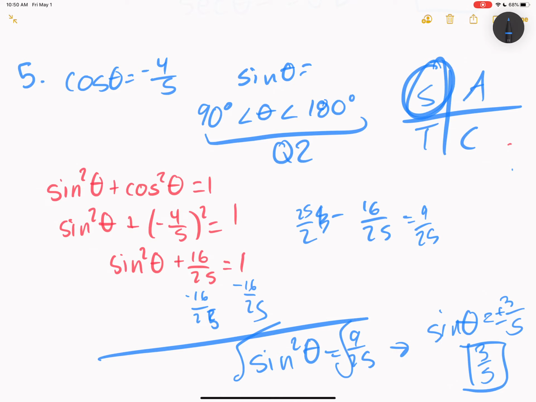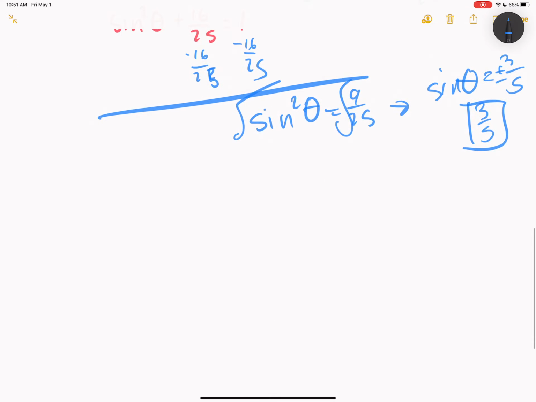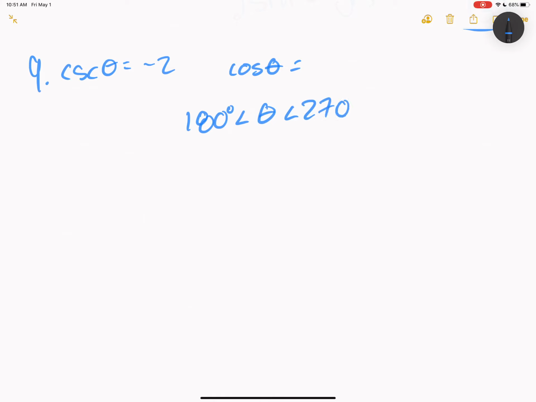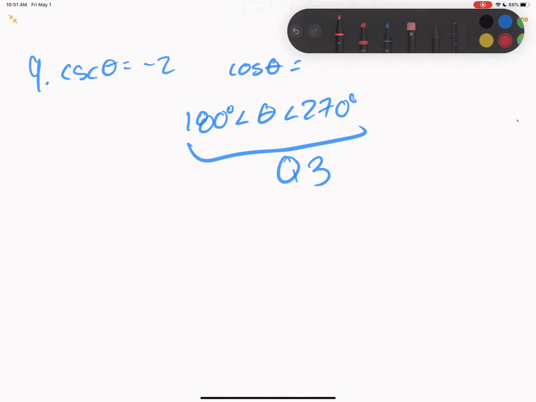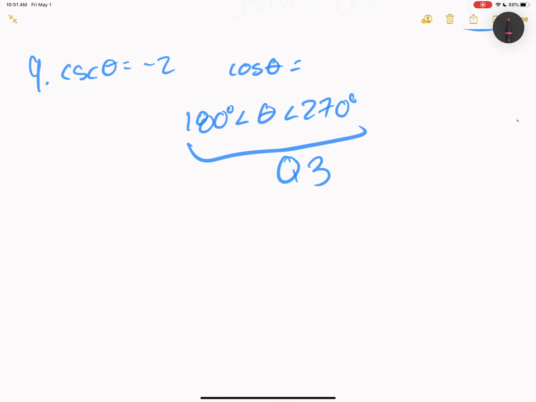Okay, finally, the last problem I want to do from this type of problem is number 9. It says cosecant theta is equal to negative 2. I'm looking for cosine theta, and it's between 180 and 270. So this is quadrant 3. All right, for this problem, I'm looking for a pattern with cosecant and cosine.